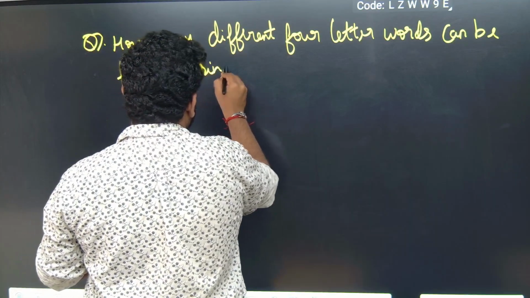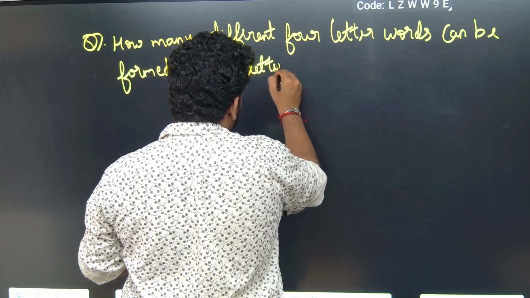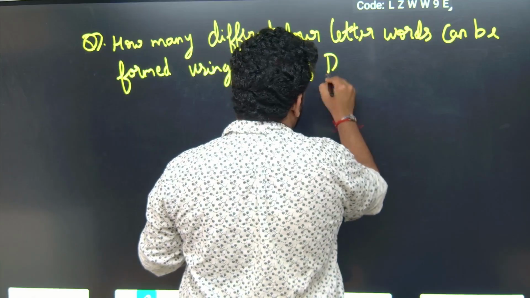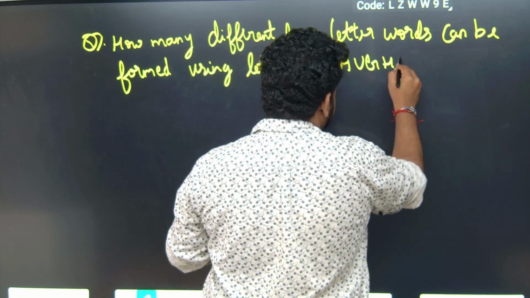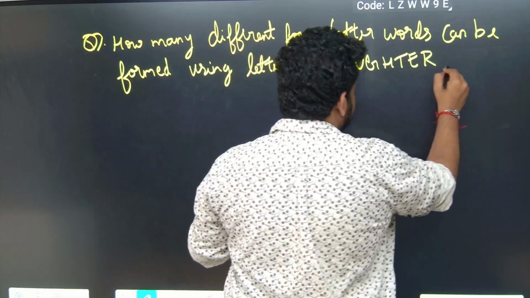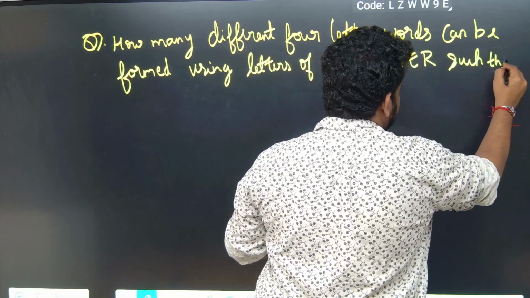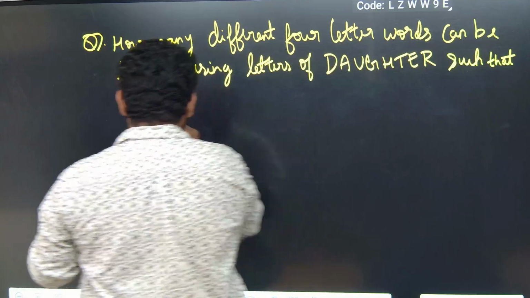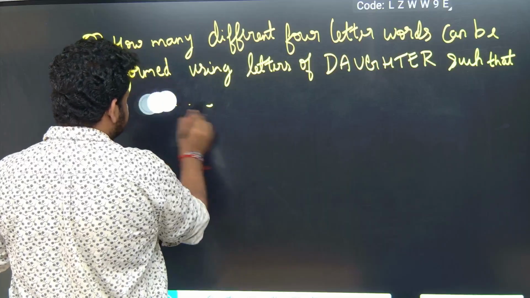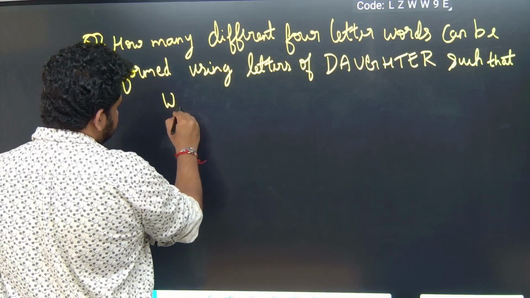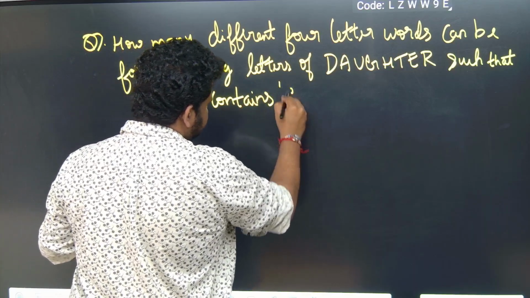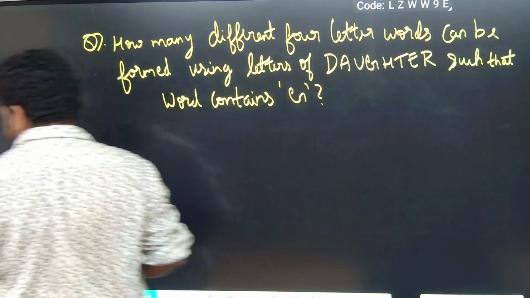using letters of the word daughter, D-A-U-G-H-T-E-R, such that the word contains G. So this is the question.